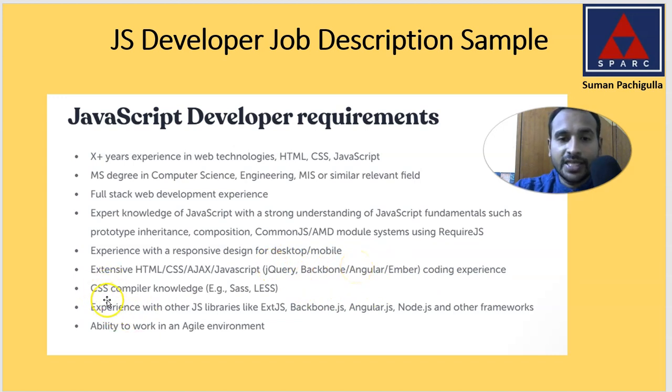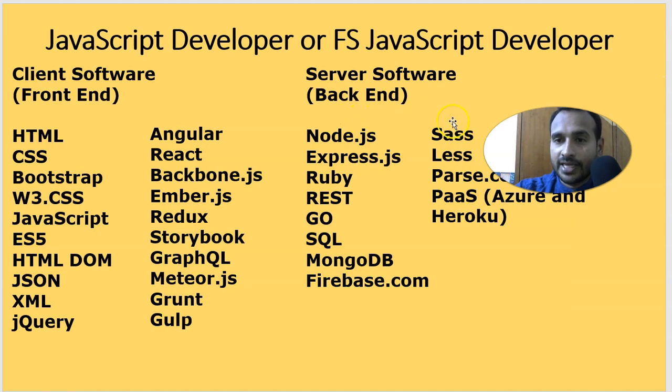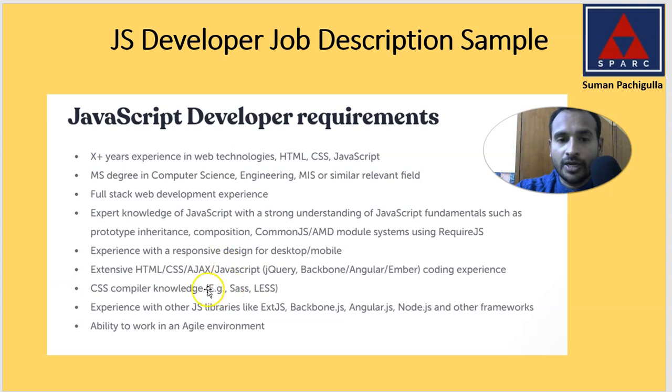You see, CSS compiler language we just discussed, right? That SASS and LESS. That's what they are looking for. Meaning they are looking for CSS compiler language, more advanced language, this one. So they're looking for SASS or LESS. Experience with other JavaScript libraries like Ext.js, Backbone, Angular, Node.js and other frameworks.